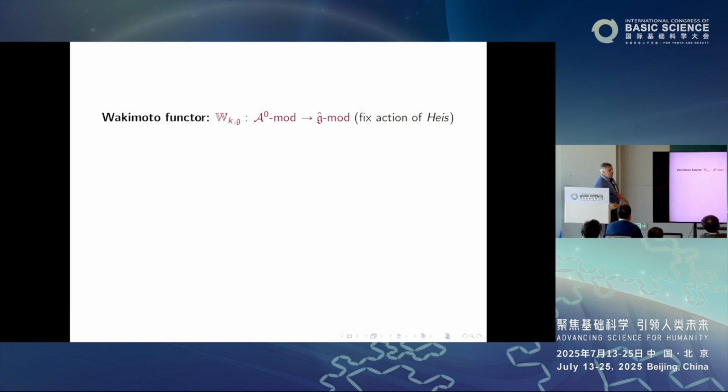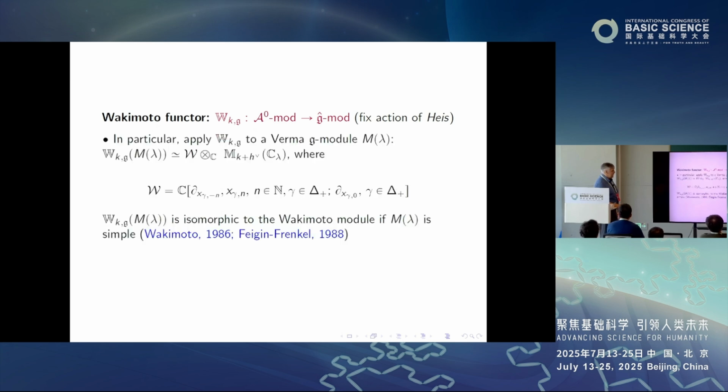And then ignoring the Heisenberg, we can think of this as a functor from A0 representations to G hat representations. And in particular, we can recover the classical Wakimoto modules. If we apply this functor to a Verma module, then the image will look like that, where W is identified with this space.